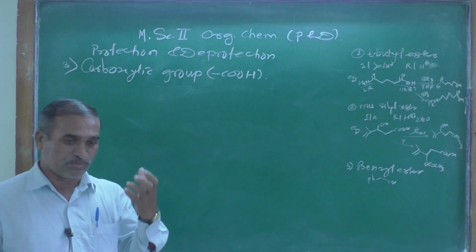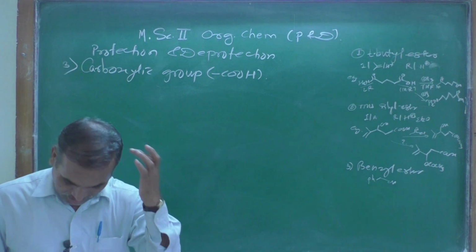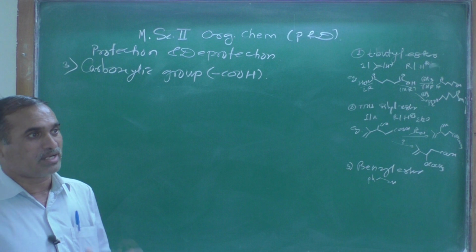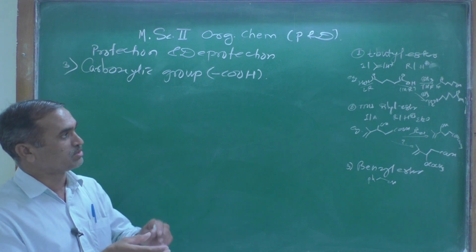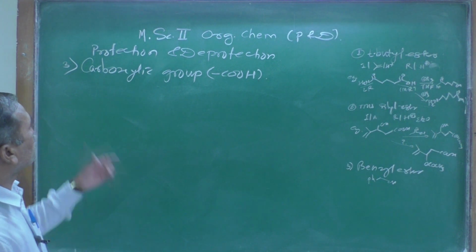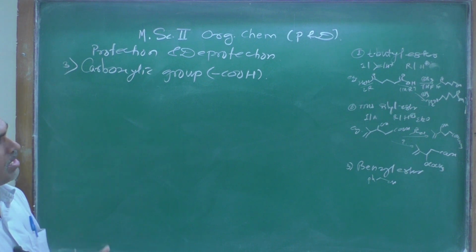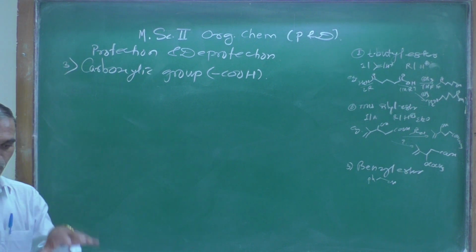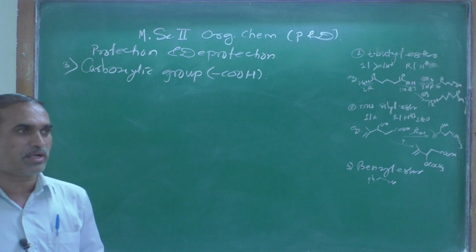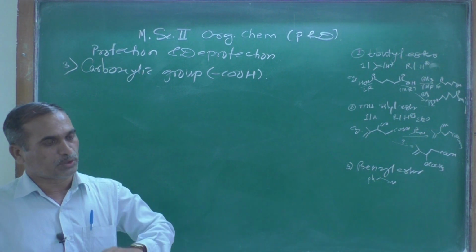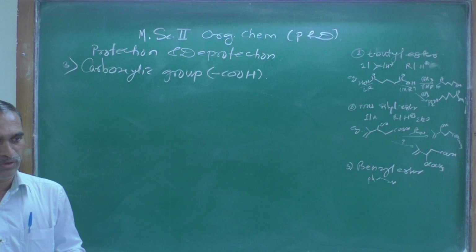This acid group is also present in peptide synthesis, where it is widely used as a protecting group. So how is this carboxylic group protected, and what protecting groups are used?